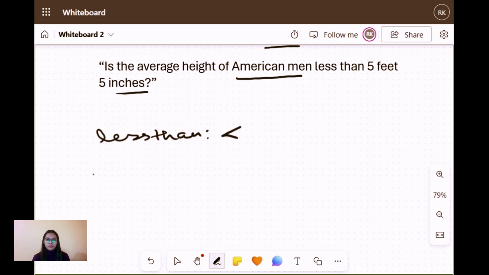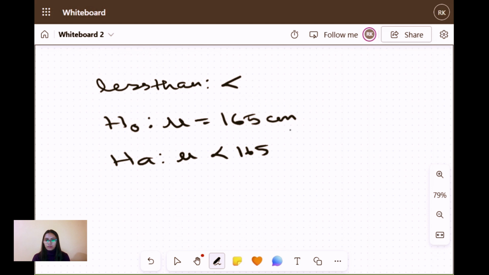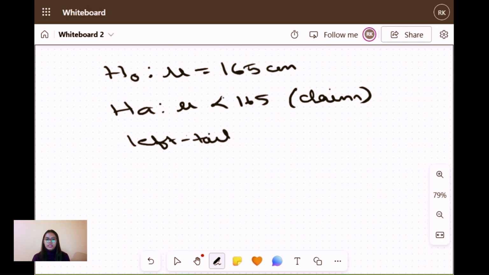And how can we frame the null hypothesis? As we know, null is always believed to be equal to the claim value, 165 centimeters, and the alternative hypothesis is mu less than 165. Based on this alternative hypothesis, this is our claim, as we already discussed, because in this scenario our belief is less than. So here we will have a left tail, because the alternative has the sign less than, which has the direction to the left.